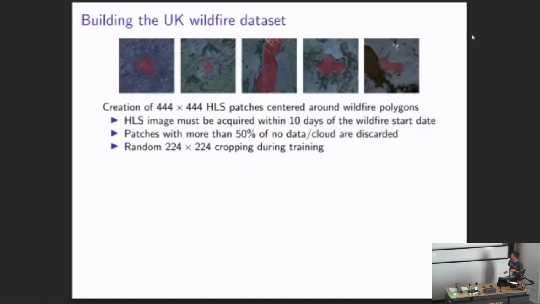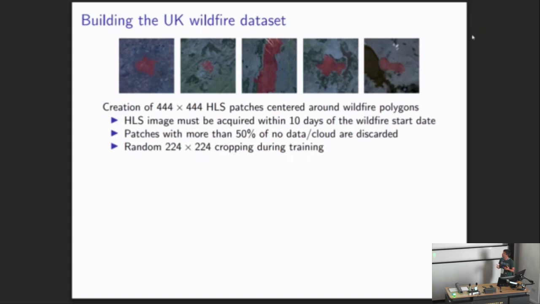What I had to do first was to create a dataset of UK wildfire polygons. So I tried to match HLS patches with the polygons that I had at my disposal.